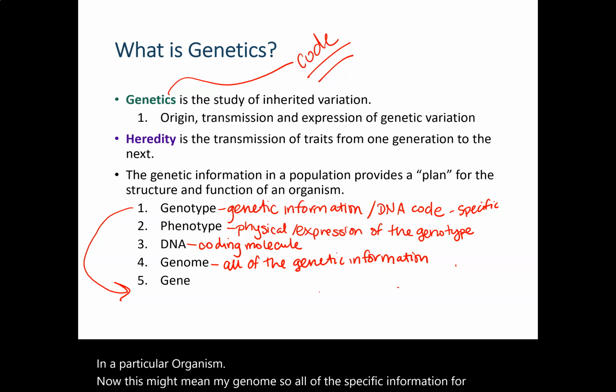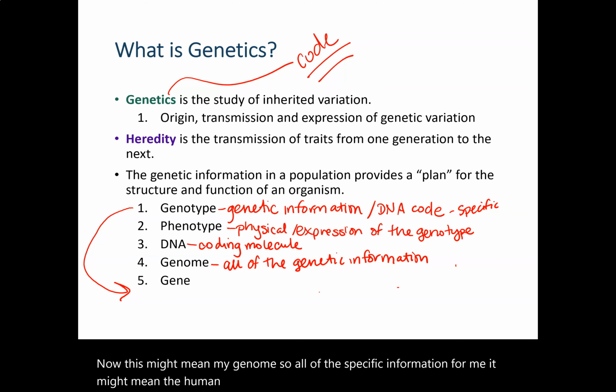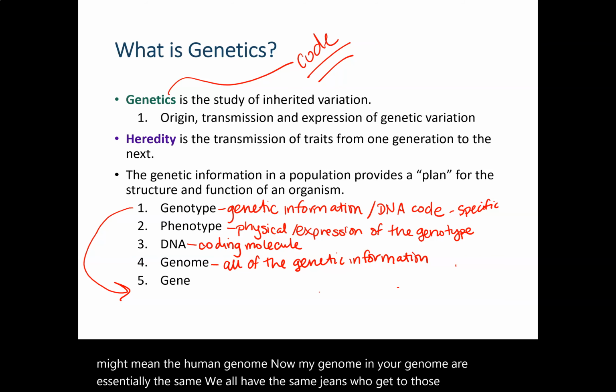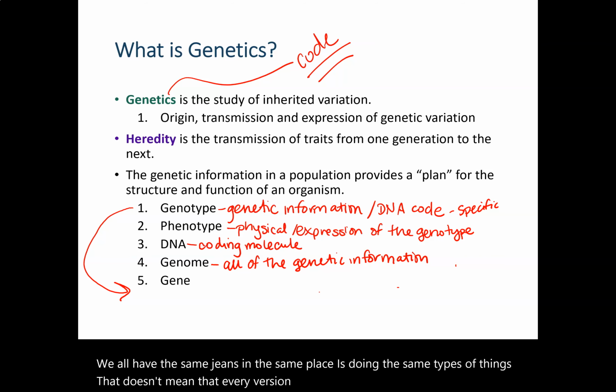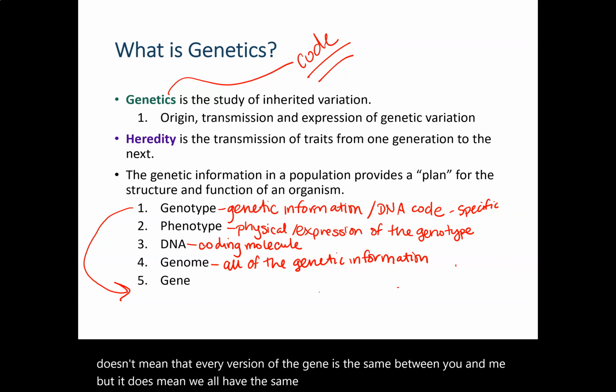It might mean the human genome. Now, my genome and your genome are essentially the same. We all have the same genes. I'll get to those in a minute. We all have the same genes in the same places, doing the same types of things. That doesn't mean that every version of the gene is the same between you and me, but it does mean we all have the same genes working within our body.